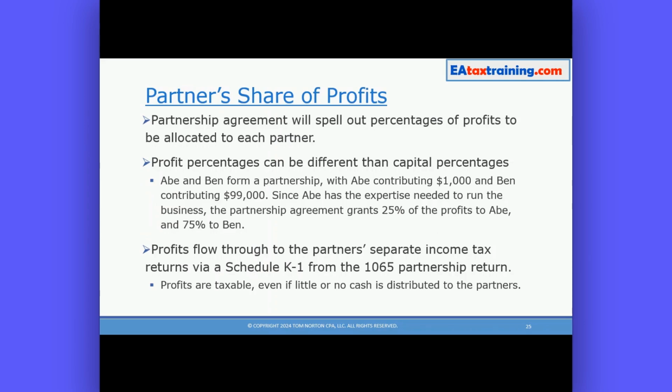Partners' share of the profits. So there should be a partnership agreement in writing. That is the recommendation. If not, there will be some sort of general understanding between the partners. So maybe you've got two people who are partners and they agree that they're 50-50 partners. But in either case, it should spell out the percentage of profits that are going to be allocated to each partner.